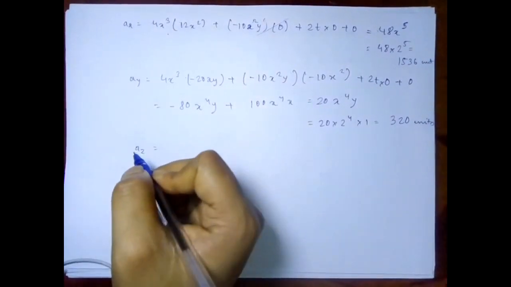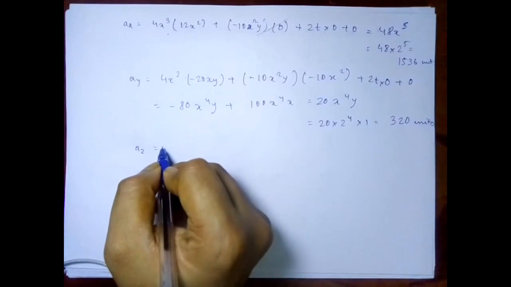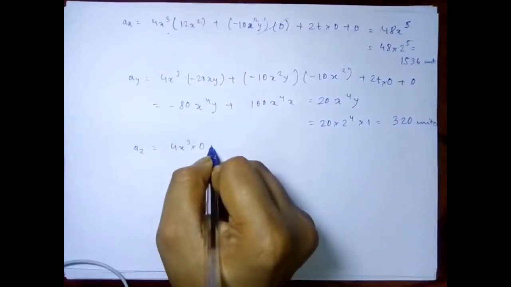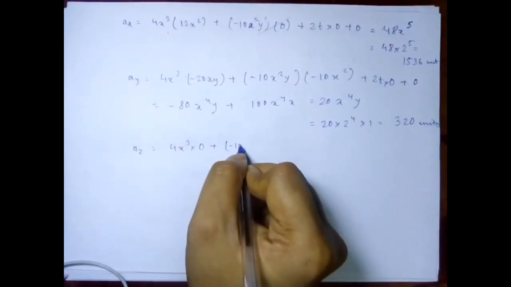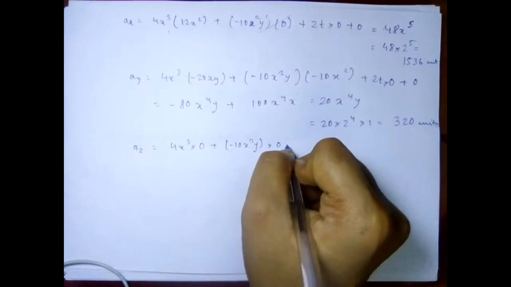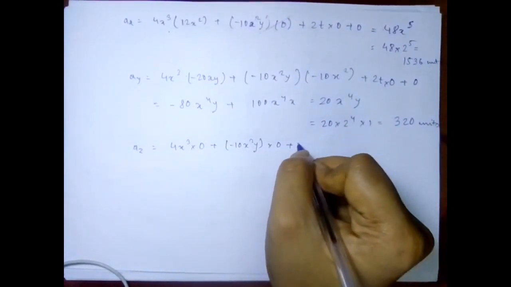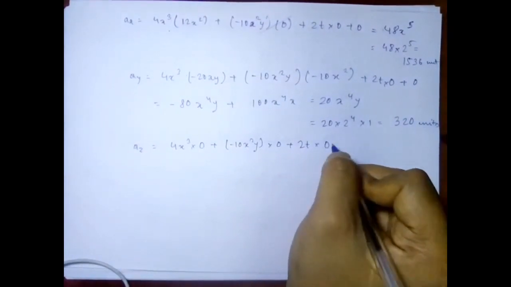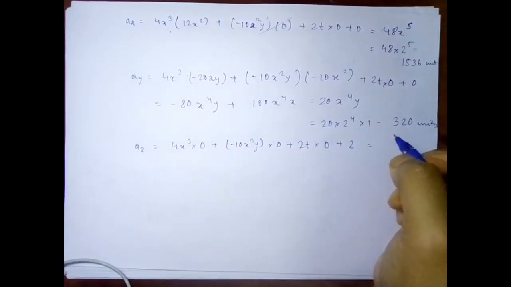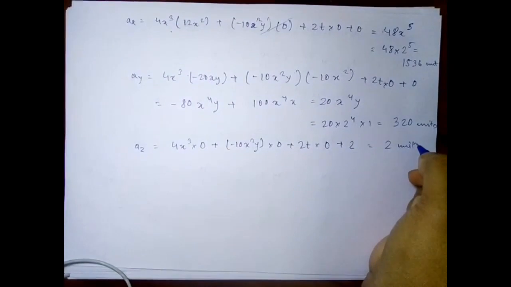Az will be equal to 4x cubed times 0 plus minus 10x square y times 0 plus 2t times 0 plus 2, it will be equal to 2 units.